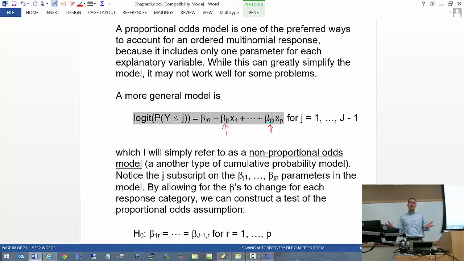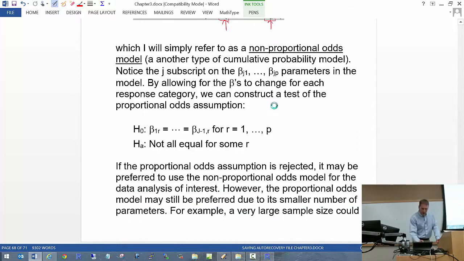And how can we test an assumption? Do a hypothesis test. So essentially, we could focus on these beta terms. With the proportional odds model, these beta terms were all equal to one another for each explanatory variable. So here's what a set of hypotheses would look like.